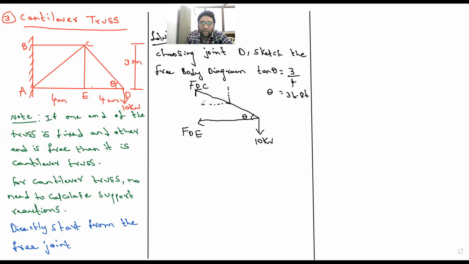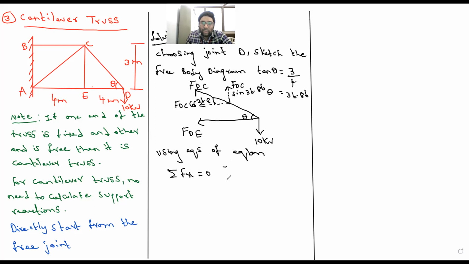Now what do we need to do? Resolve this into horizontal and vertical components. So this is FDC cos 36.86 and this is FDC sin 36.86. Okay, now using equations of equilibrium, sigma Fx is equal to 0.